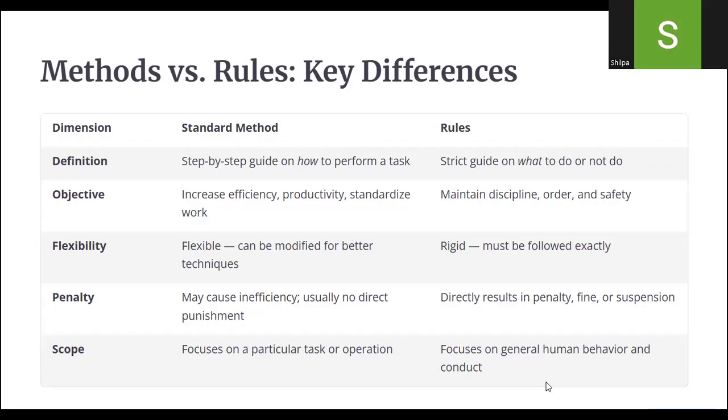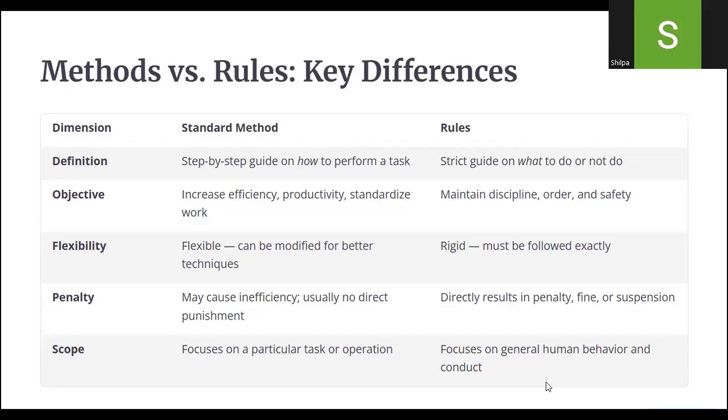So standard methods are flexible. But when it comes to rules, the rules may not be altered. It has to be strictly followed by everybody. So the rules are rigid, and standard methods are flexible.